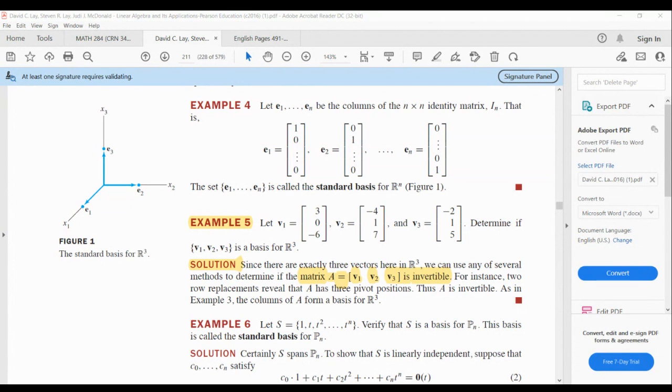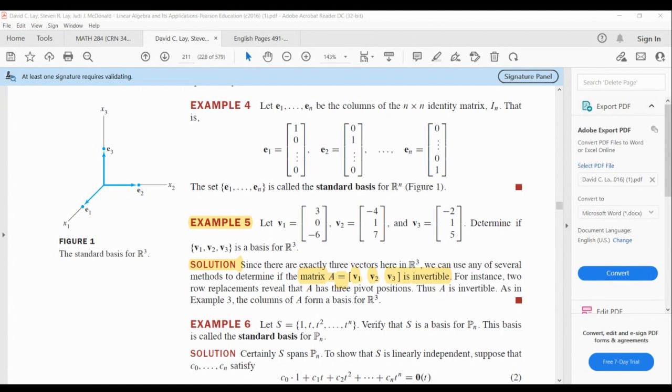Now, what I'm doing is I'm going back to section 2.3, where that invertible matrix theorem is. It says that if you have a matrix A that's invertible, that's in theorem 8, the invertible matrix theorem, section 2.3.